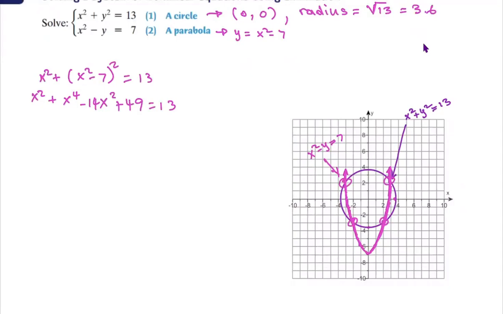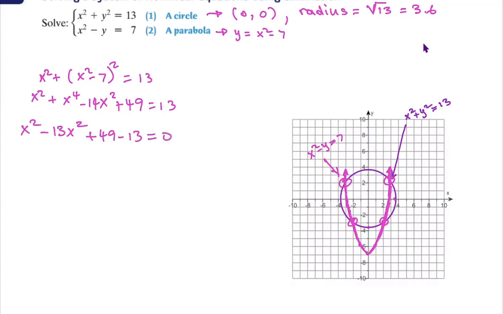And then we're going to have this equation, a fourth degree equation. So that's x to the fourth minus 13x squared plus 49 minus 13 equals 0.